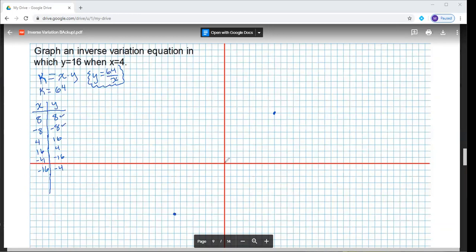Now 4, 16. 1, 2, 3, 4, 5, 6, 7, 8, 9, 10, 12, 13, 14, 15, 16. And 16 and 4. So if this is 8, 1, 2, 3, 4, 6, 8, there we go. Okay, so you can start to see where the curve is already on this.